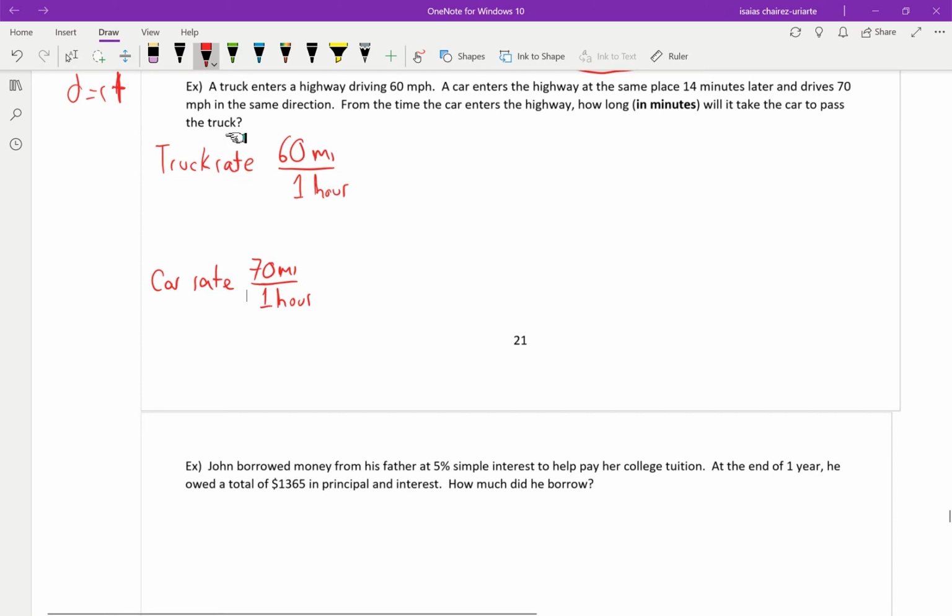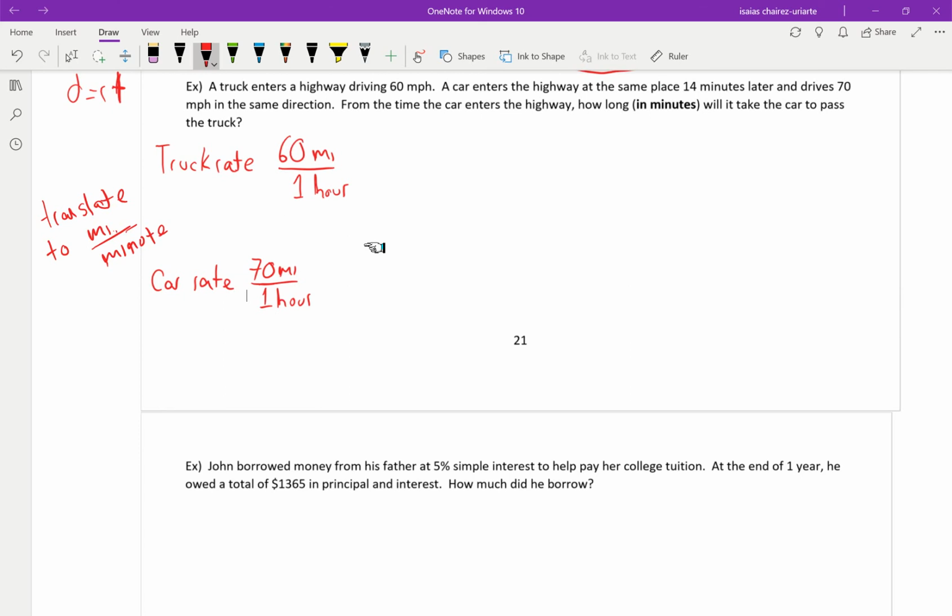There are different rates for each vehicle. Right now, since my final answer should be in minutes, what I'm going to do is translate these rates from miles per hour to miles per minute. So I'm going to translate to miles over minute. And that's what I'm going to do for both of them.